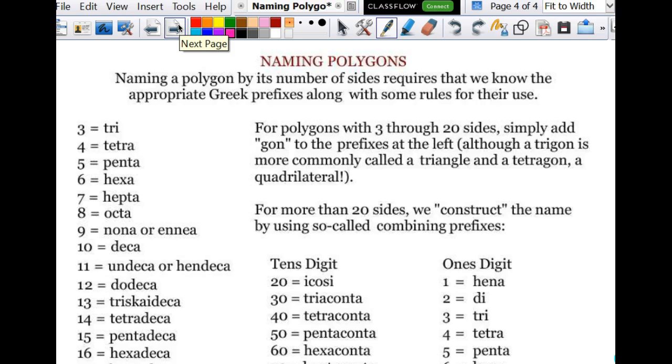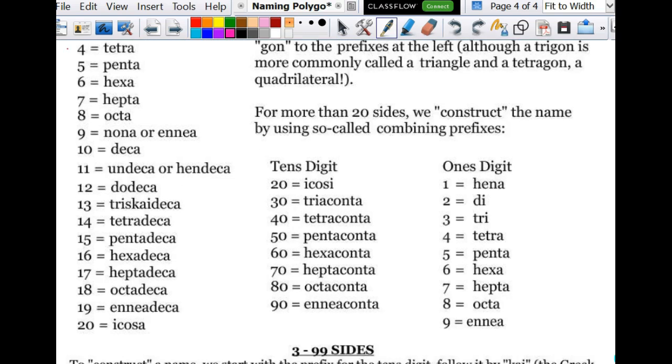So over here, for polygons with 3 to 20 sides, you simply add gon to the prefixes. So here are your prefixes for 3 through 10. Then, of course, it says more commonly, we wouldn't really call this a trigon and a tetragon. We're more likely to call it a triangle and a quadrilateral, but we still need those prefixes for the others that we build.